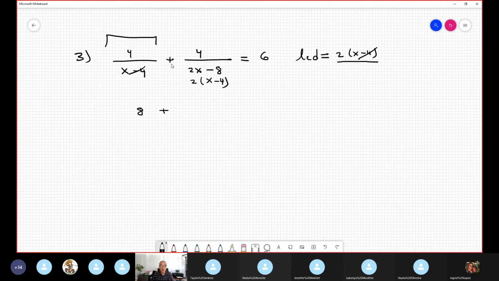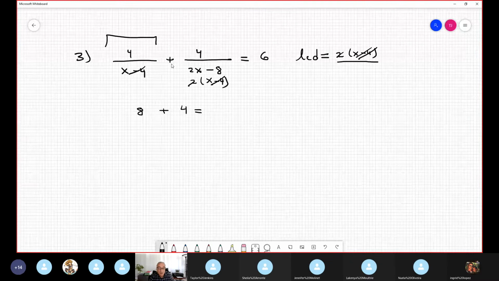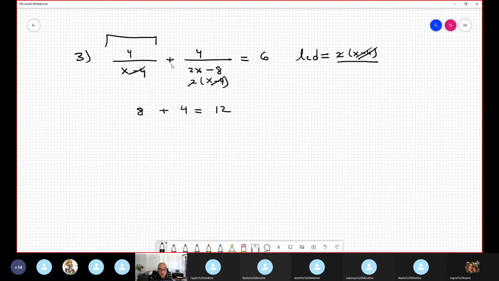Plus, when you multiply by the second, everything says goodbye, x minus 4 and 2, and only 4 stays, correct? On the right-hand side we have 12, from 6 times 2 times x minus 4.